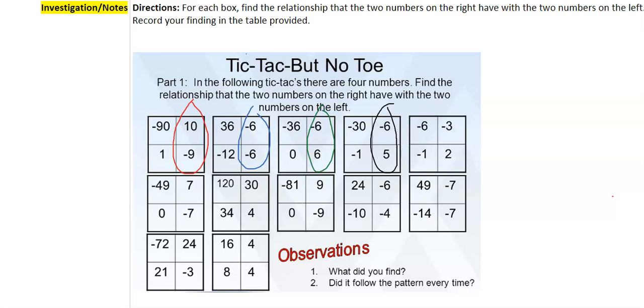-6 times 5 is a -30. -6 plus 5 is a -1. We look here, -3 times 2 is a -6, and -3 plus 2 is a -1. This box, we have 7 times a -7, which is a -49, and 7 plus a -7 is 0. We keep going. 30 times 4 does equal 120, and 30 plus 4 is equal to 34.